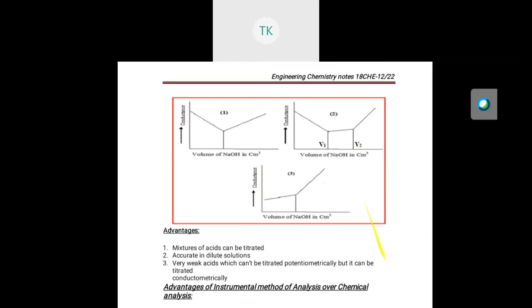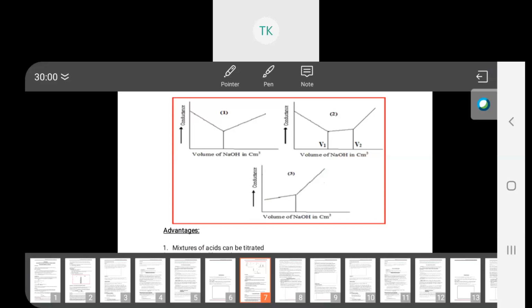Then what happens? The conductance goes down, then the value leads on to the side of acetic acid.